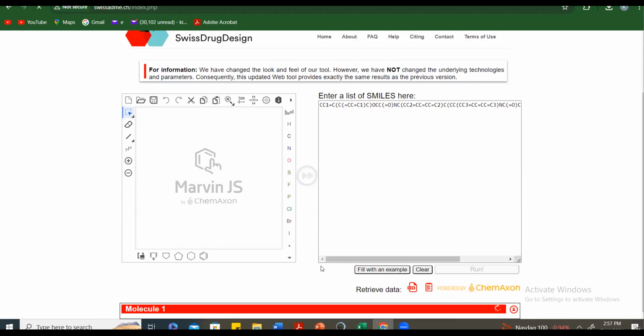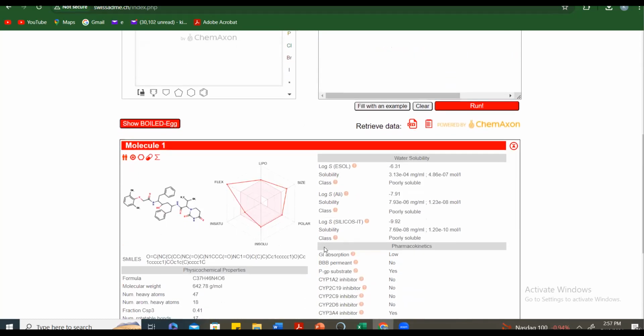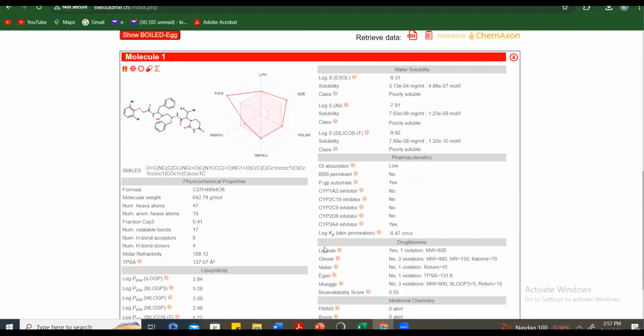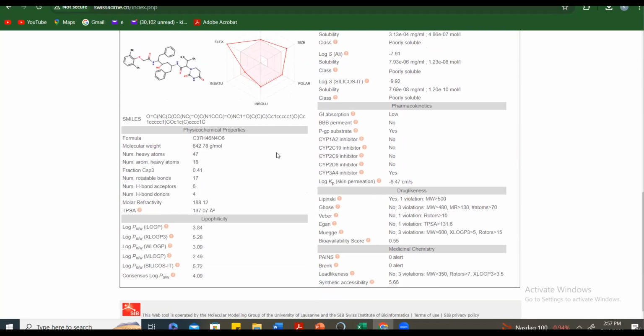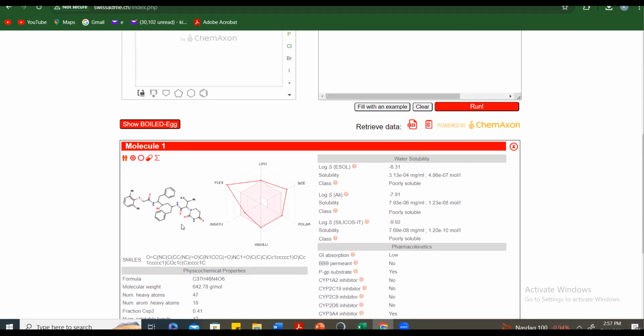Now, we want to see, this is going to predict for us if this drug is likely to be safe and give us some information about whether it's going to be a good drug. So this is the drug, right?